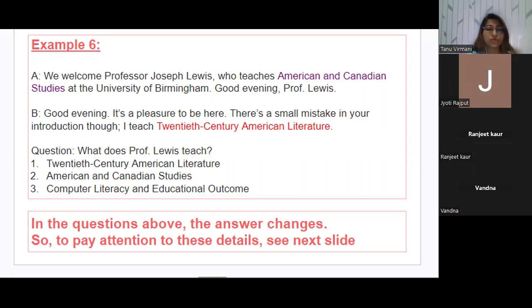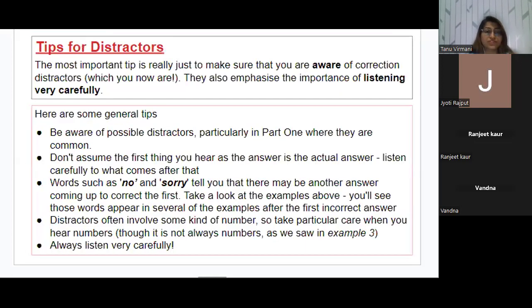Okay, now some tips for the distractors part. Always make sure that you are aware of correction distractors. It also emphasizes the importance of listening very carefully. Be aware of possible distractors, particularly in part 1 and in part 3.